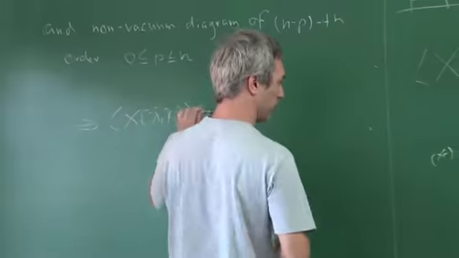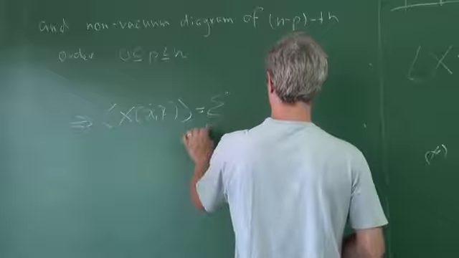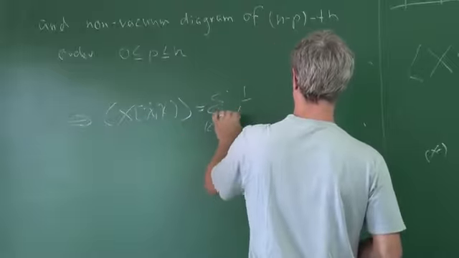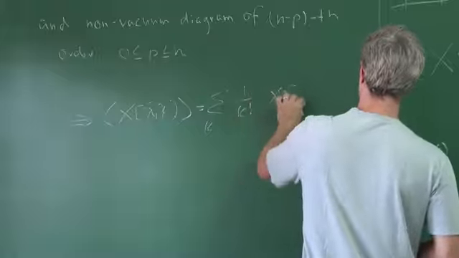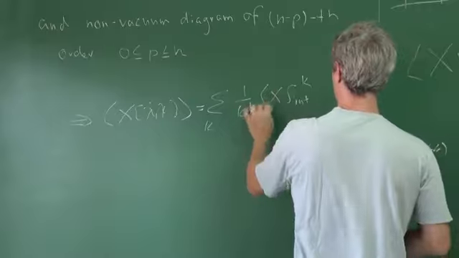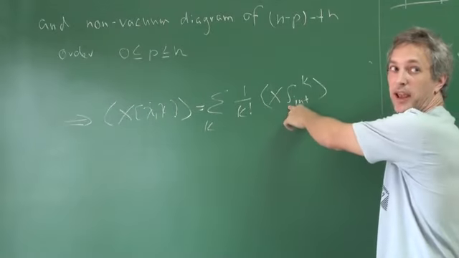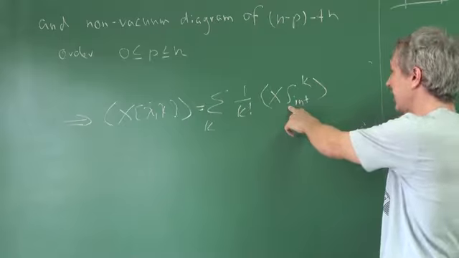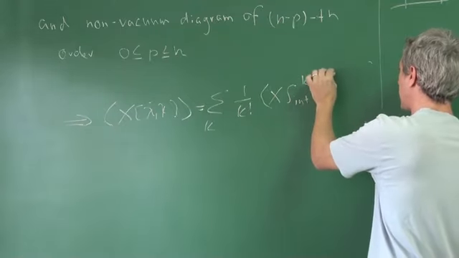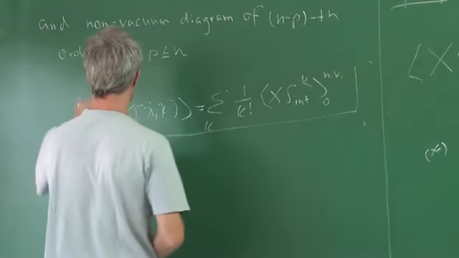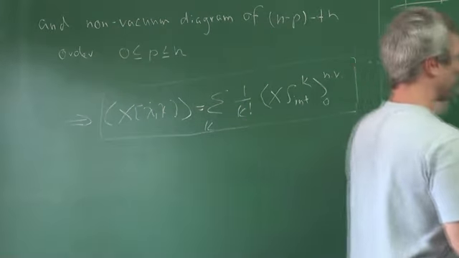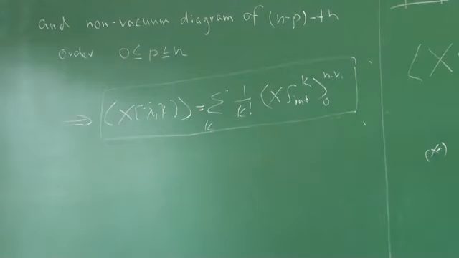This expectation value is the sum over k, sum over k factorial, of k. So this would be what you get just by expanding the numerator, and what we should keep is only the non-vacuum diagrams. Okay, so this is the statement written here and here.